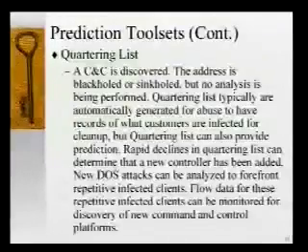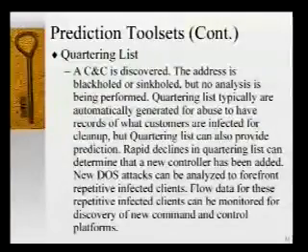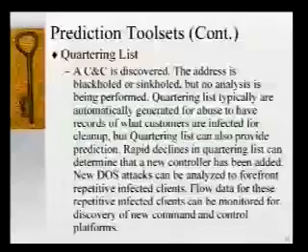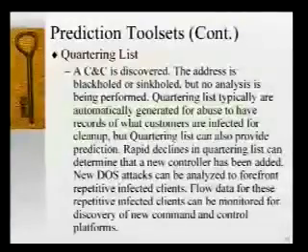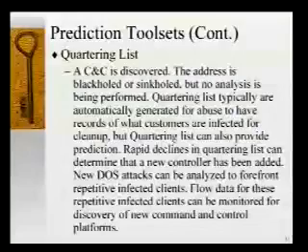New denial of service attacks can then be analyzed. You can forefront who the repetitive infected clients are. You can capture flow data on these repetitive clients, and you can monitor them for new command and control platforms.